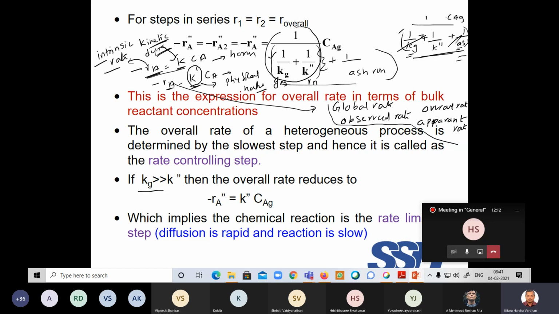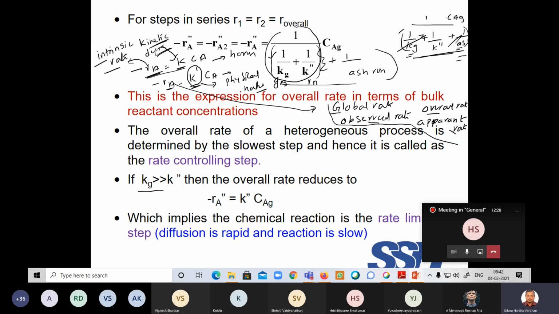Therefore, that rate is called the global rate, observed rate, overall rate or apparent rate. So this is an important 2 marks question: what is intrinsic rate and what is global rate?